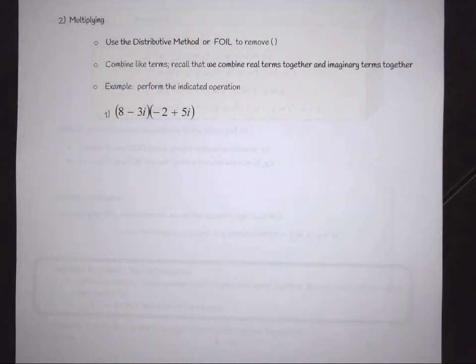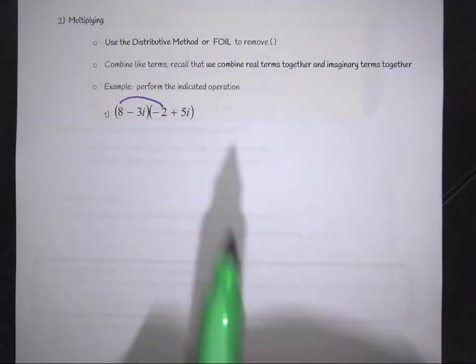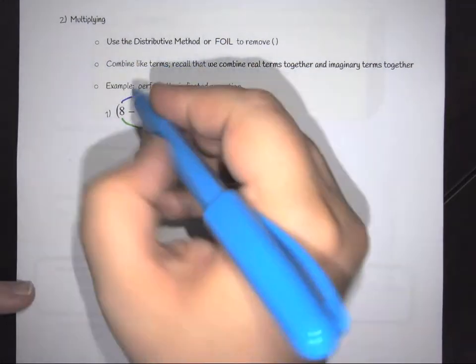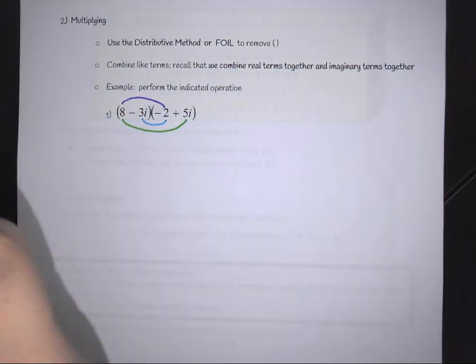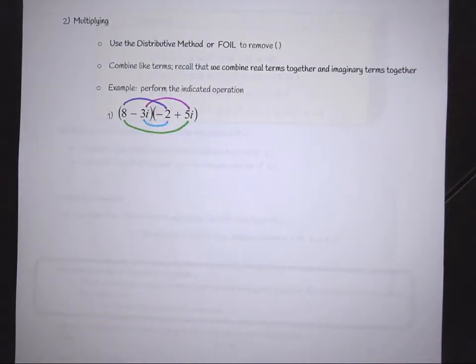The first thing we have to look at is the fact that we have to use FOIL, or the easiest method to use would be the FOIL method. So FOIL says first, outer, inner, last. Okay? So let's go ahead and take a look at that.